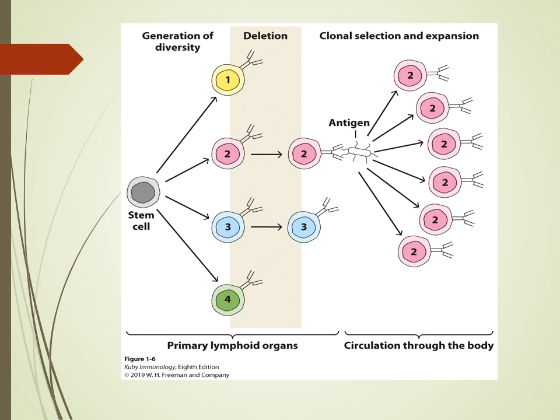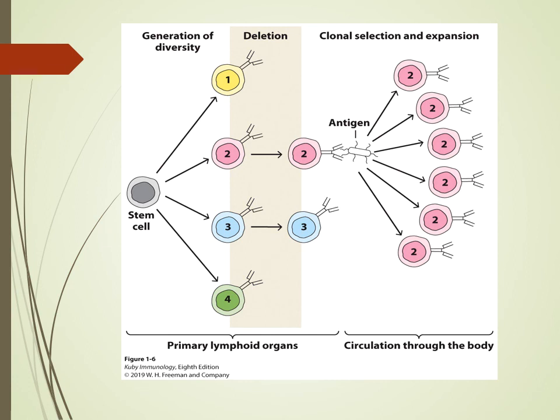Again, we have the stem cell. We have our first round of proliferation, which is going to give us lots of different receptors. So each of 1, 2, 3, 4 have all different receptors. Now, some of these receptors might recognize self, so they actually get deleted.